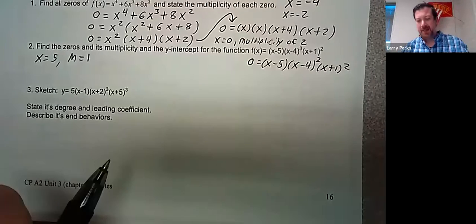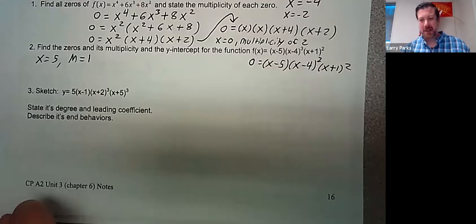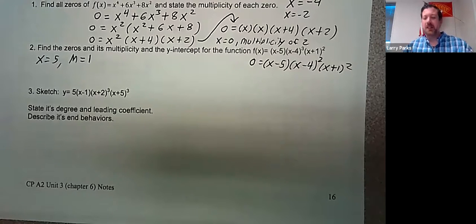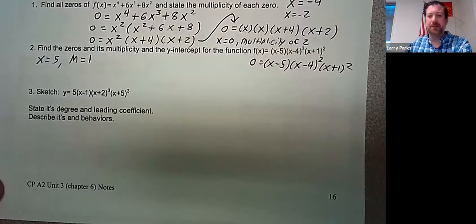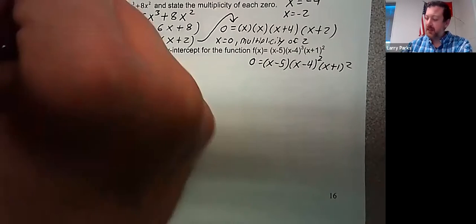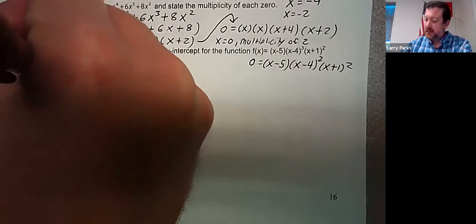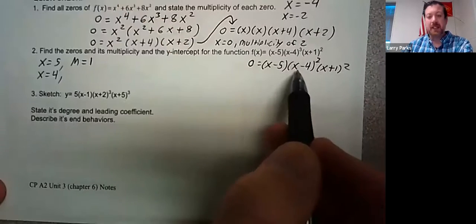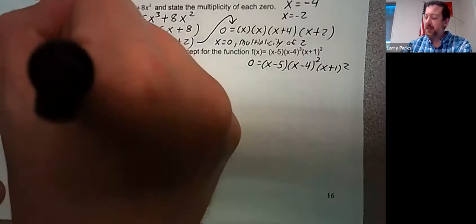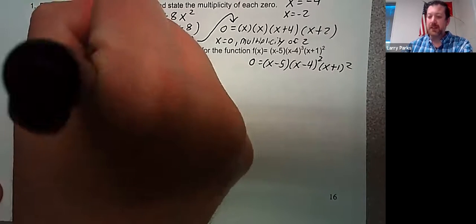And I kind of get tired of spelling out multiplicity, so I totally understand if you use m equals. So multiplicity is 1. Here, the solution is x equals 4. How many times does 4 count as a solution? Twice. So the multiplicity is 2.